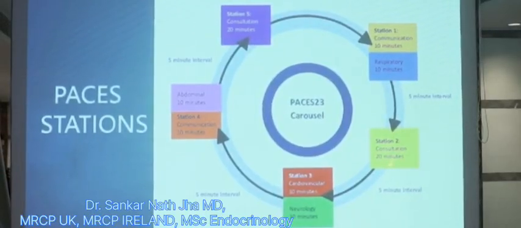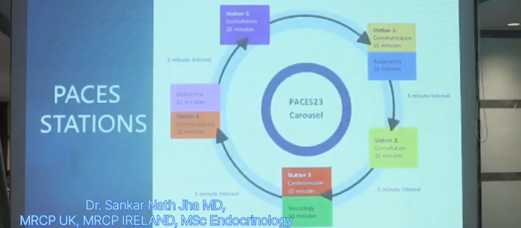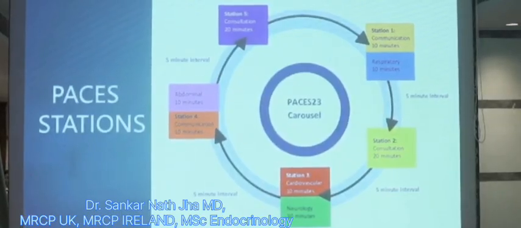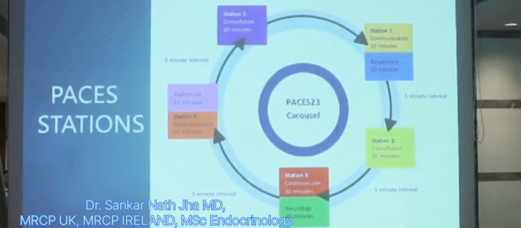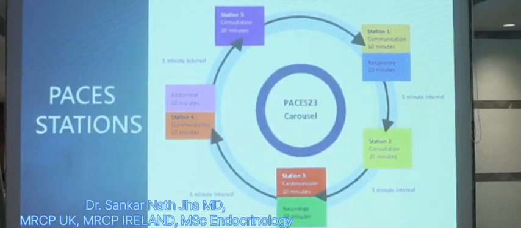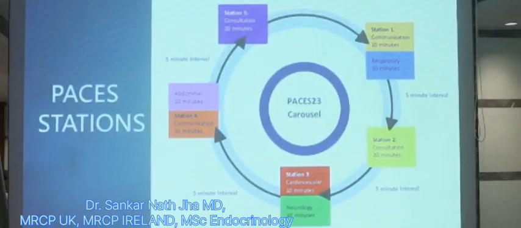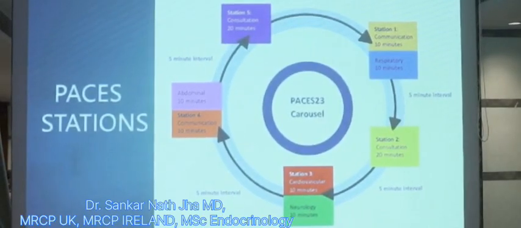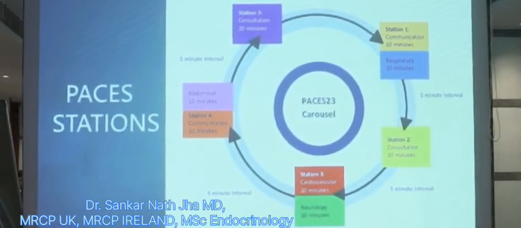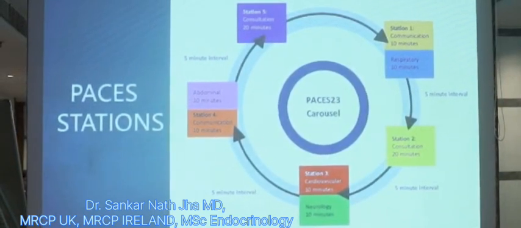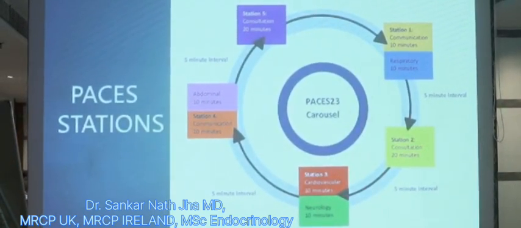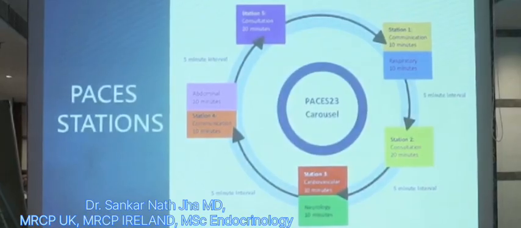Station 2 is consultation. Consultation means one patient will be there. There will be one history. A patient came visiting the emergency clinic with dizziness. Examine him, and for that you have to examine all the necessary systems.